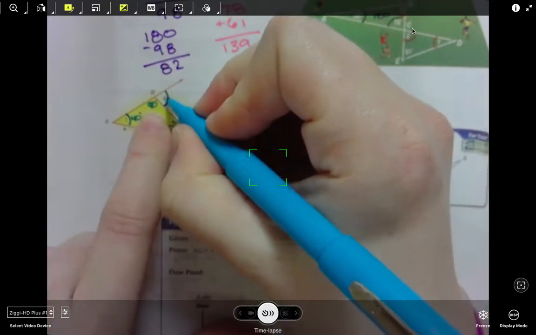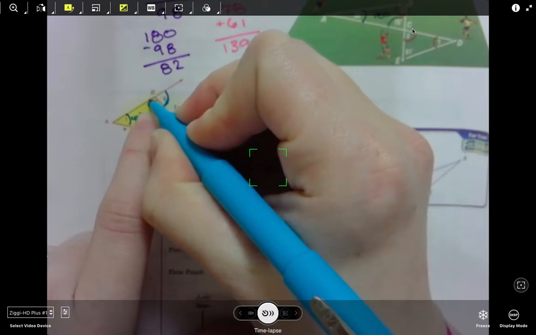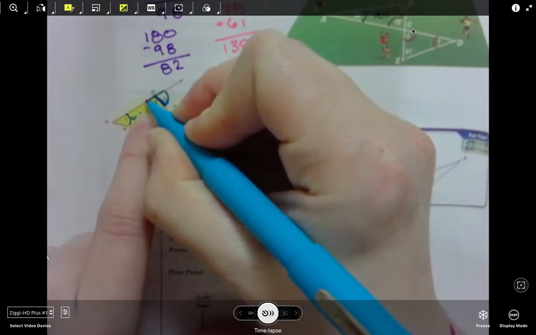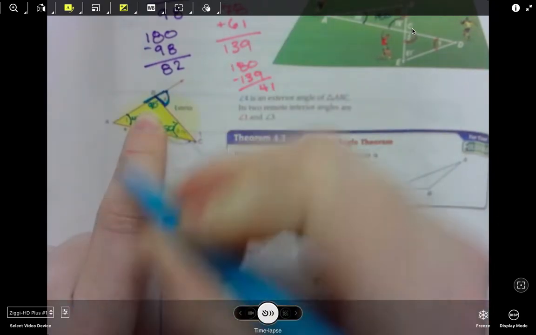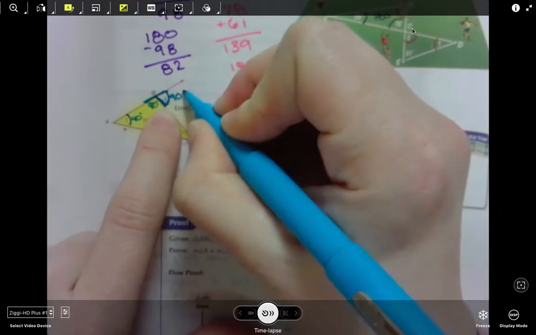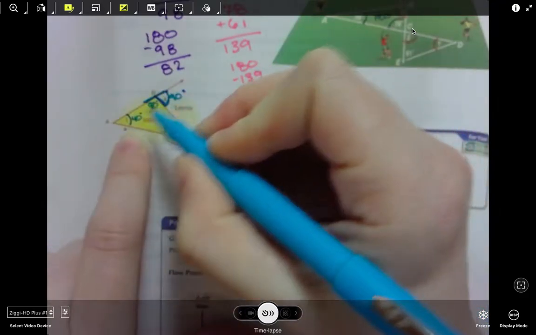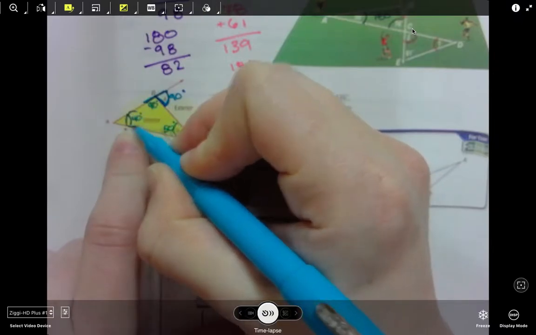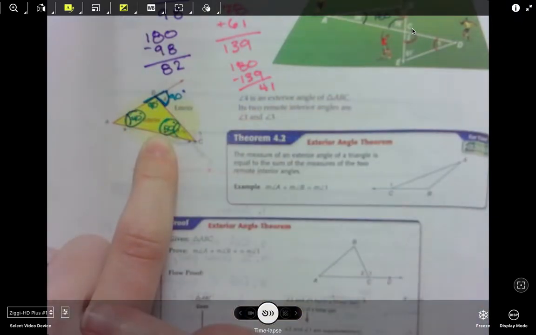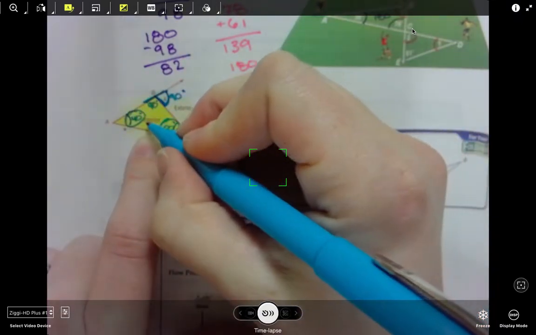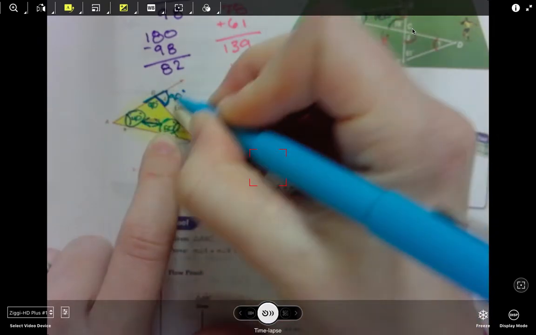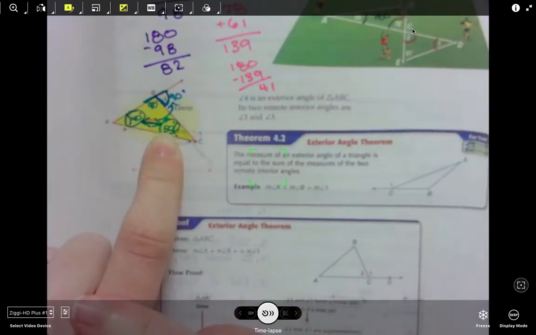Well, angle 4, since it's on the same line as this 90 degrees, would have to also be 90 degrees. And it's no coincidence that 90 degrees is the same as 40 and 50 added together. So these two added together make up the size of the exterior angle.